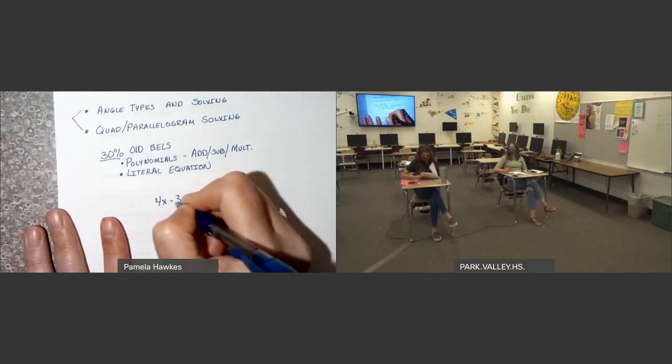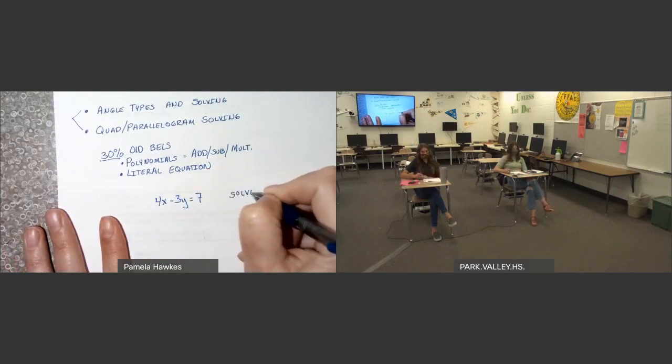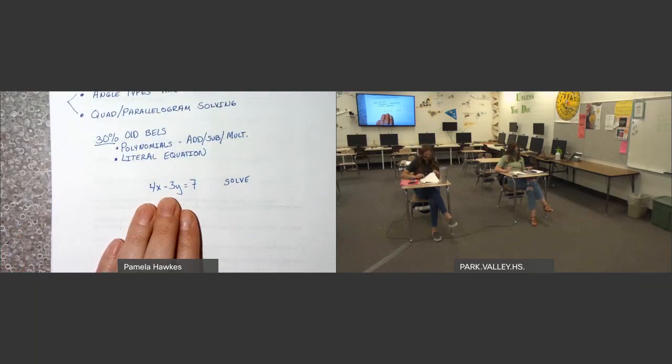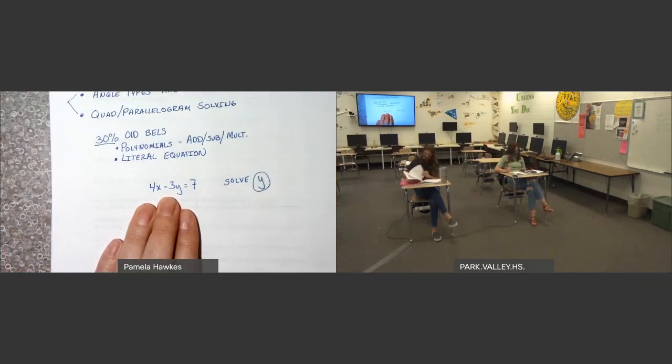4x minus 3y equals 7. Solve for y. Go, Kaden. Kaden, what does this mean? It means what? For y. So it says get y by itself, right? What do I have to do first?